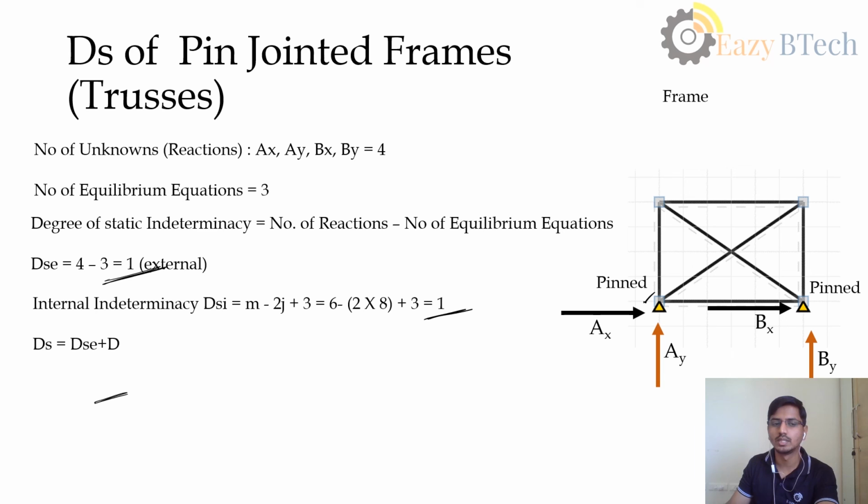Here dk is equal to 2j minus r. The number of joints here is 4, that is 1, 2, 3 and 4. And how many members do we have here? Substituting the number of reactions, the kinematic indeterminacy is 4.